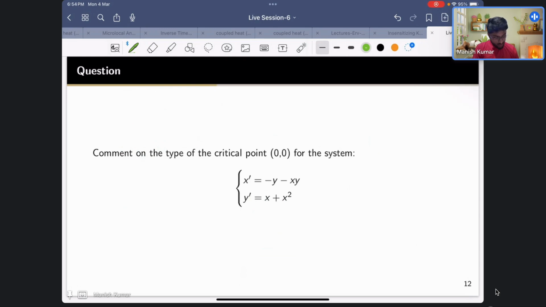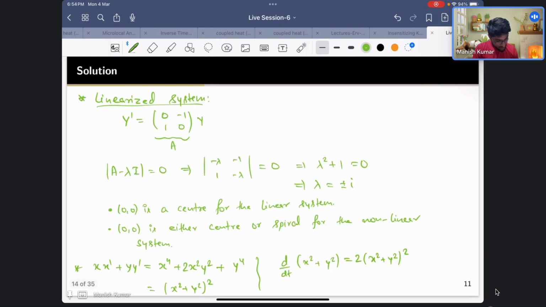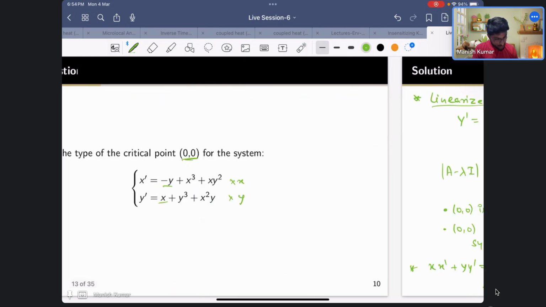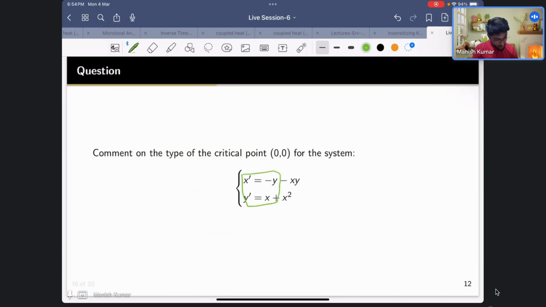Now let us look at this one. Again, I will be a bit quick here. You can see that the linear system is this one, and it's in fact the same as this one. You see minus y, x, here also this is minus y, x.